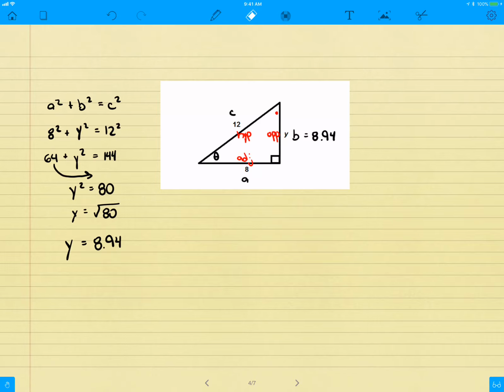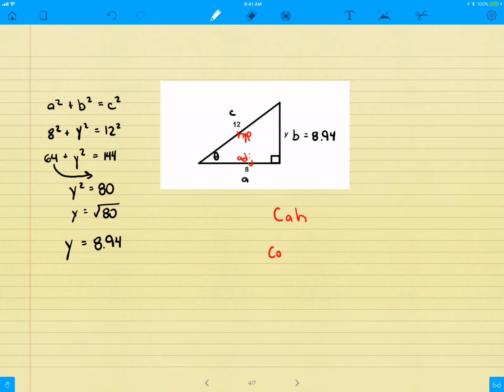But anyways, what we're going to be doing here is finding the angle itself. I'm going to use the actual numbers that were printed on the triangle, not that 8.9 number, the decimal that we just found, but the 8 and the 12 that they had printed. Going back to Sohcahtoa, I'm going to use the Ca formula because that's the one that uses adjacent and hypotenuse.